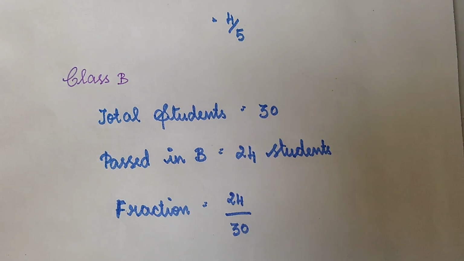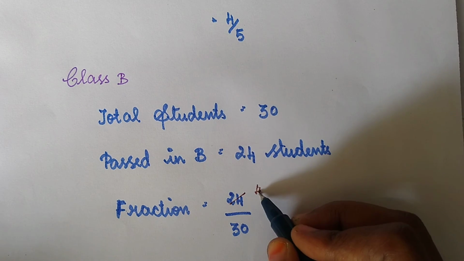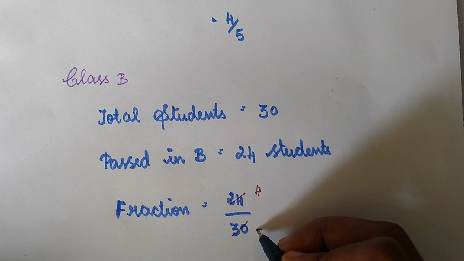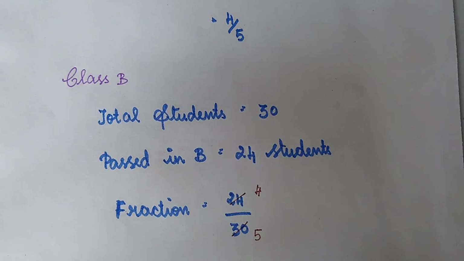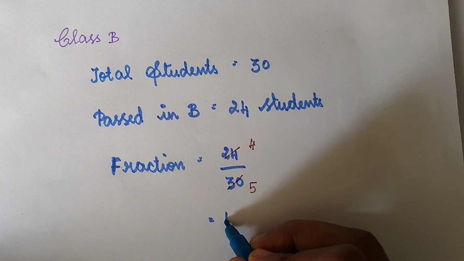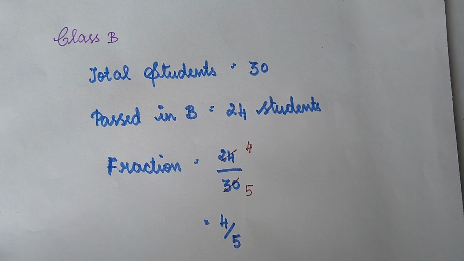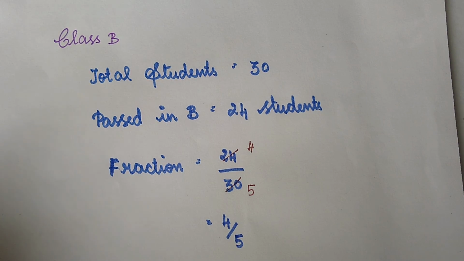Then we have to cancel these two numbers using the 6 table. 6 fours are 24, 6 fives are 30. So the answer is 4/5. So hence both classes have the same fractions of students getting first class.